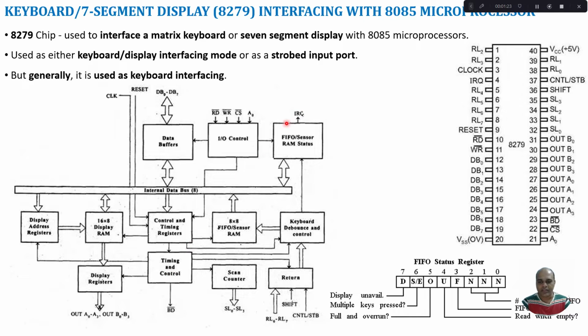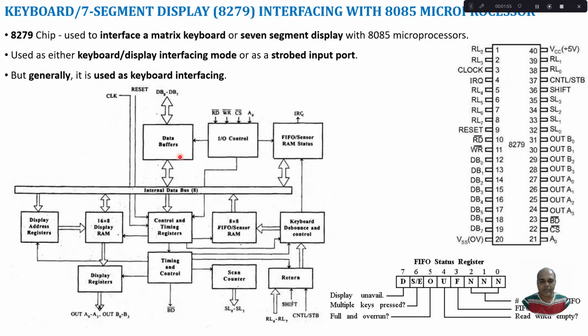On the right side you have the blocks related to keyboard operation: FIFO sensor RAM status, 8x8 FIFO sensor RAM, keyboard debounce and control block, return buffer and a scan counter. So this relates to the keyboard side, and on the display side we have the display address register, 16x8 display RAM and display registers. Now let us discuss this architecture in detail.